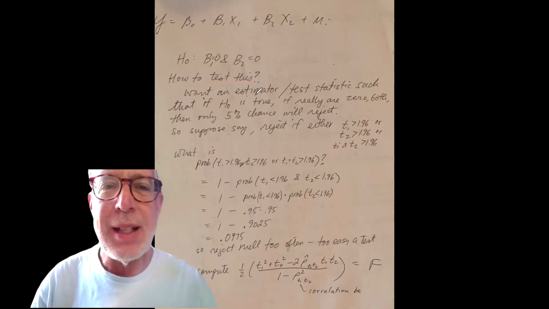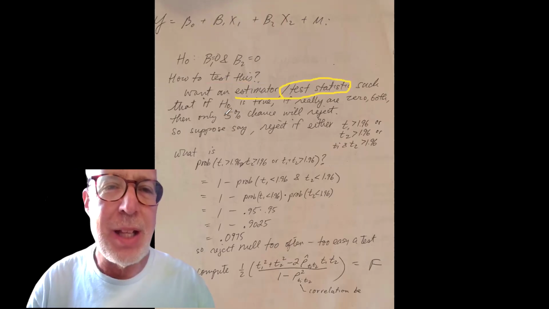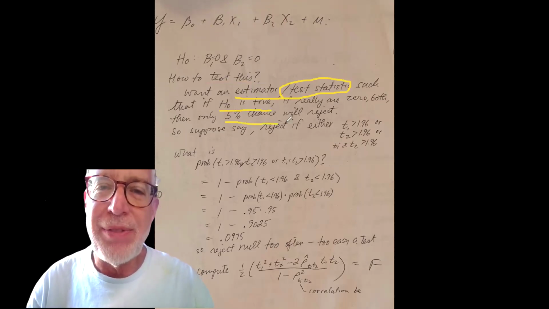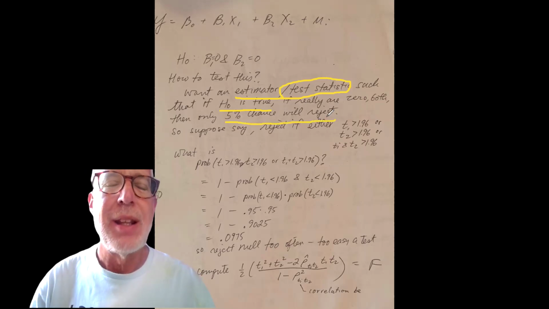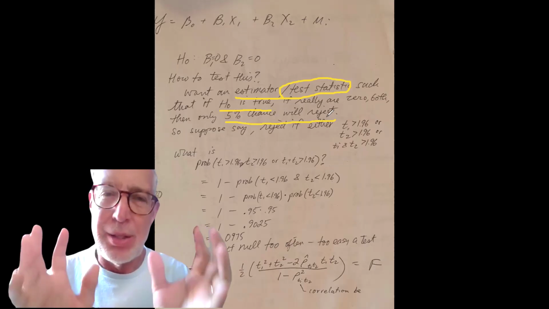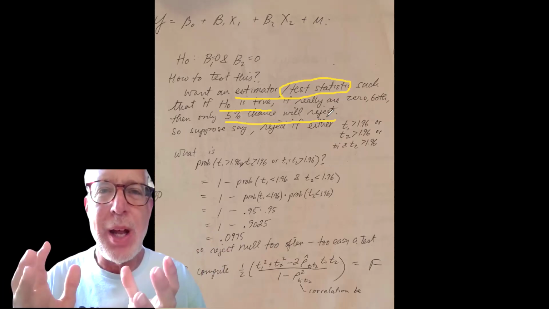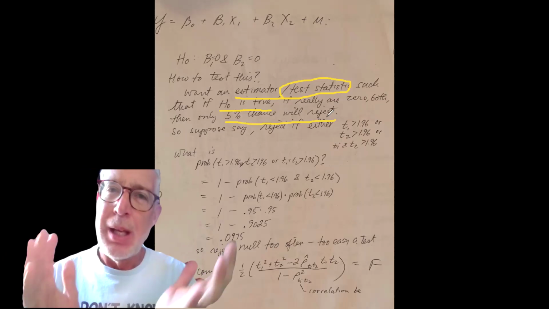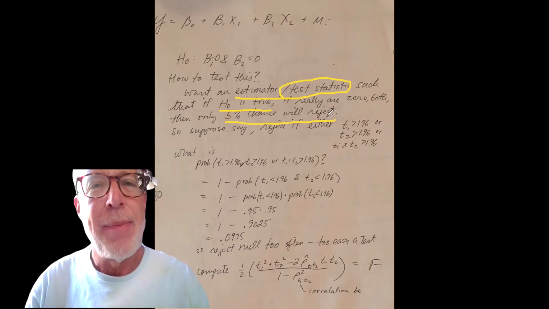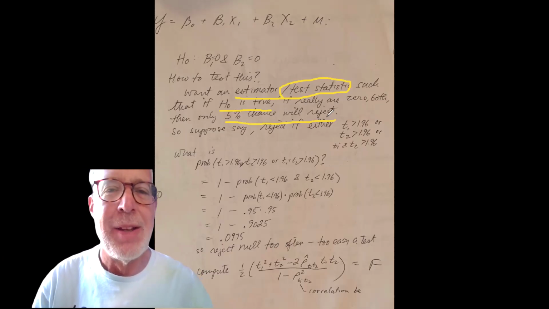What we would like is a test statistic such that if the null hypothesis is true, if they are both equal to 0, then there'll only be a 5% chance that we would reject the null hypothesis. Whatever test statistic we construct, we would want it to be such that at most 5% of the time, if the null hypothesis were true, we would calculate that test statistic value from our sample and reject the null hypothesis.